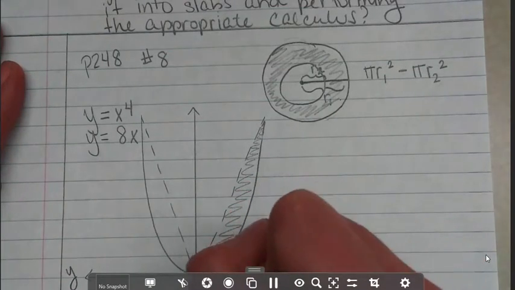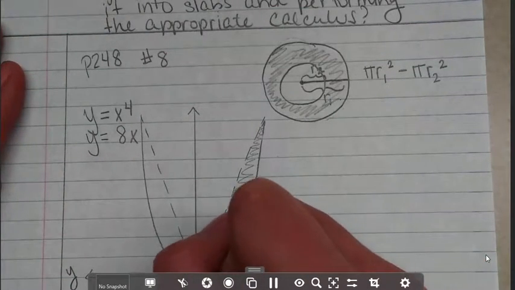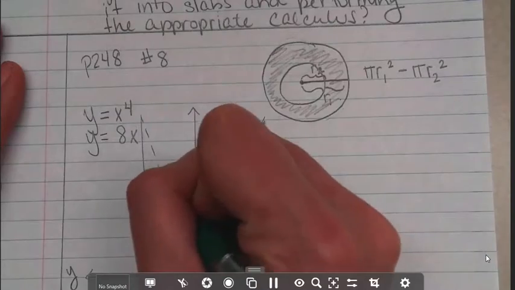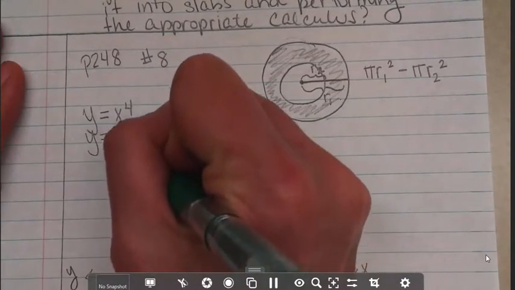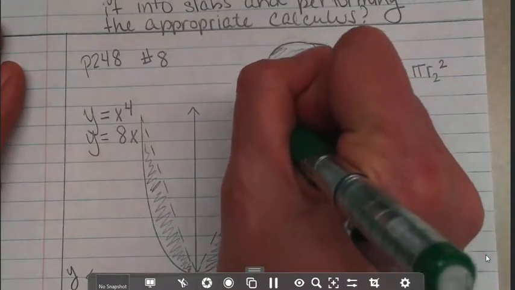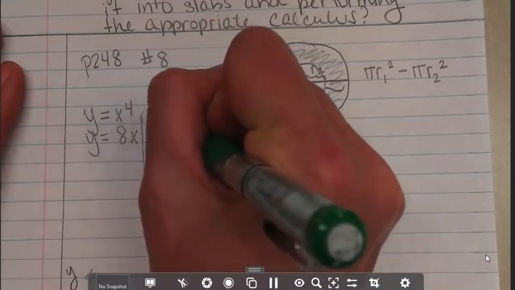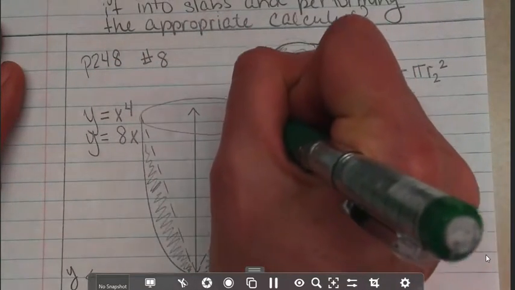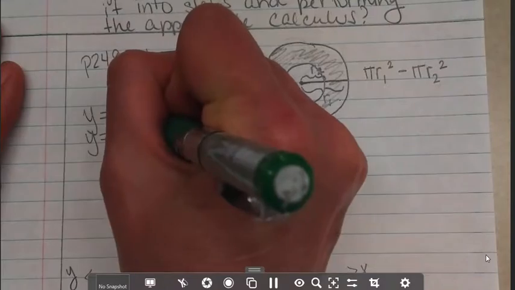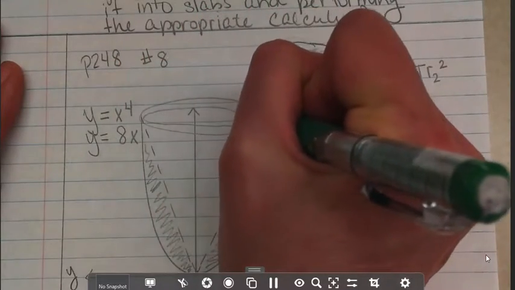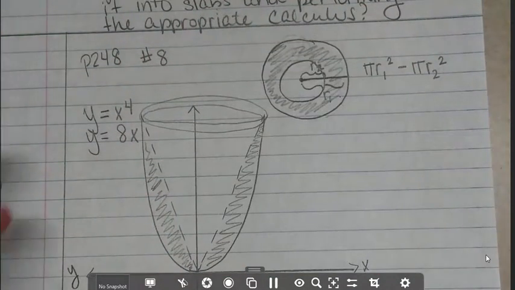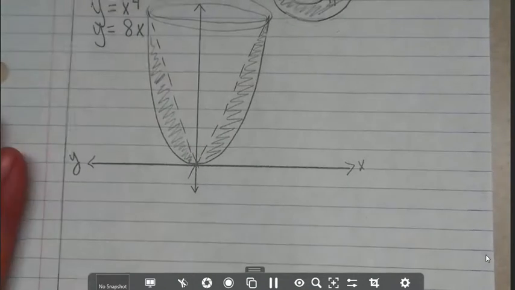So this is the solid part. And what's happening here is that this inner part is hollow. Pretty terrible drawing.